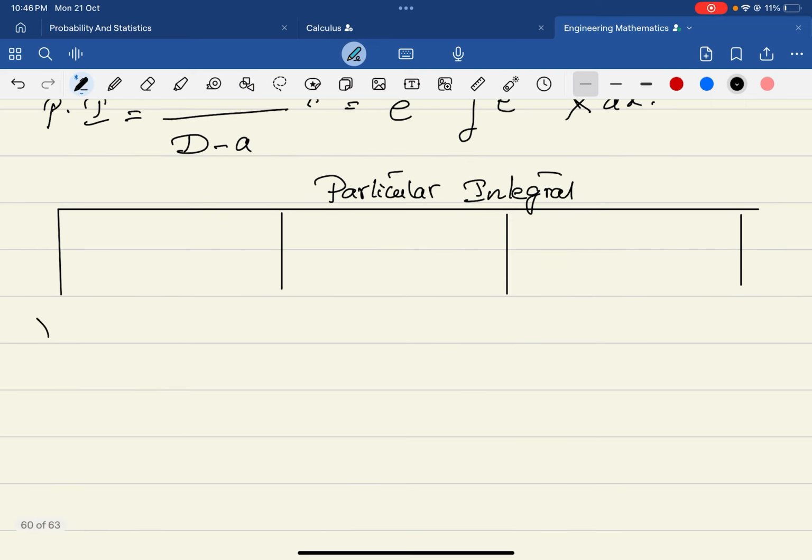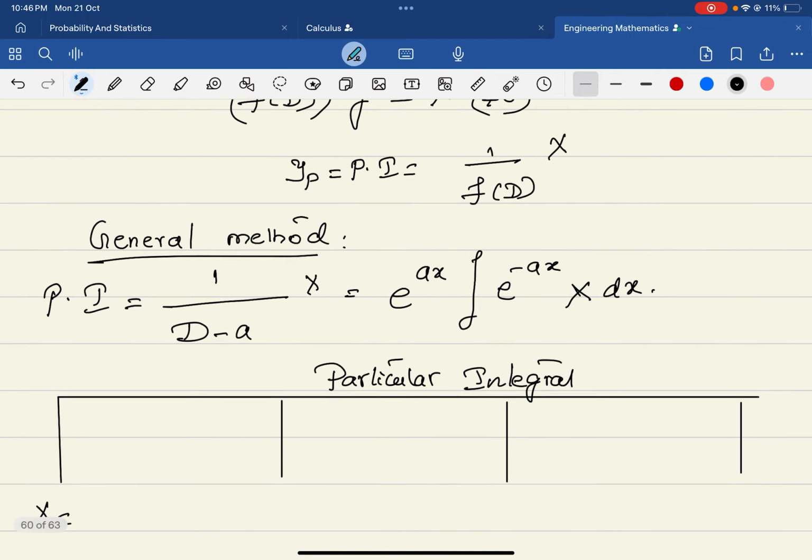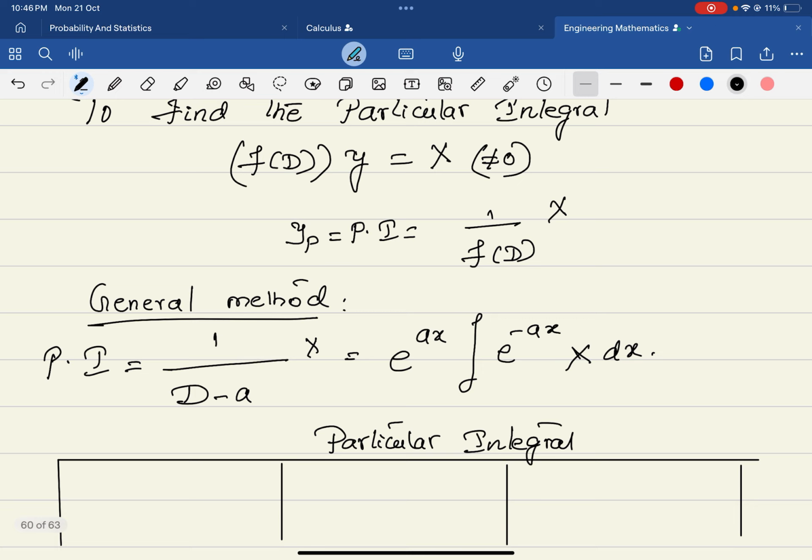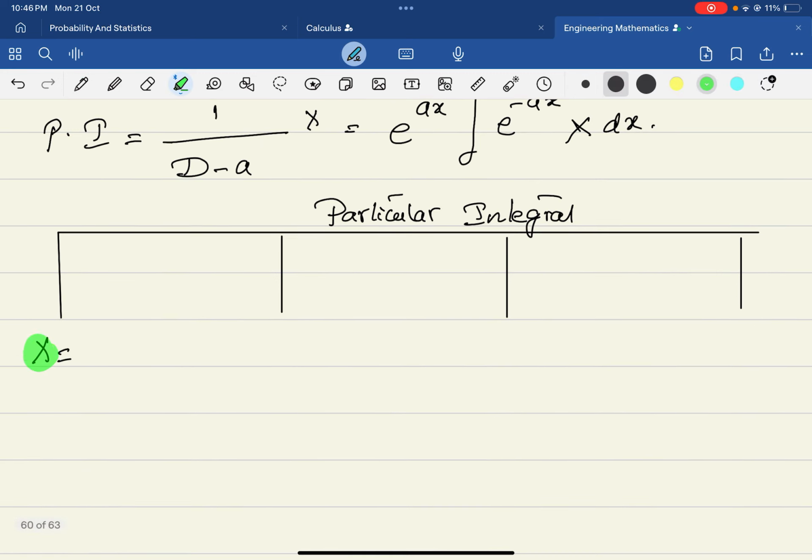Now, whatever function X you get on the right hand side, suppose that X is equal to e raised to ax. Then this is called form 1, when the right hand side is e raised to ax.